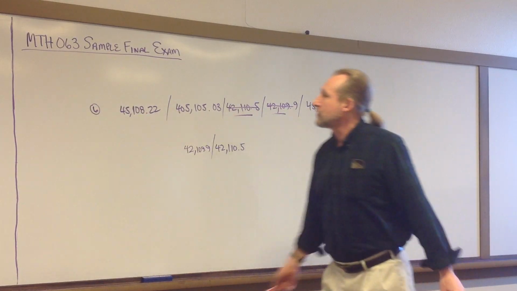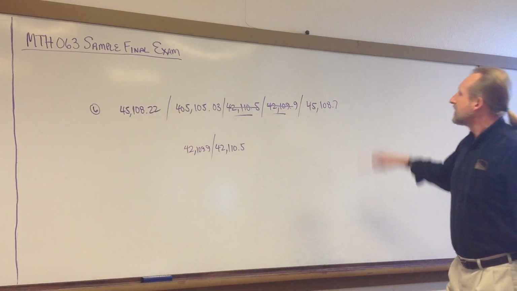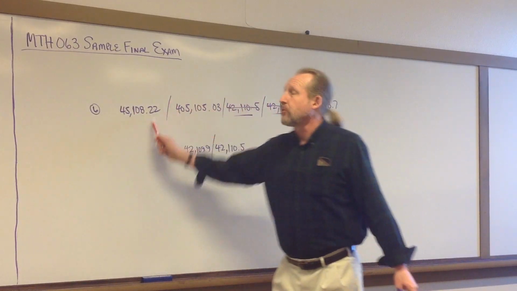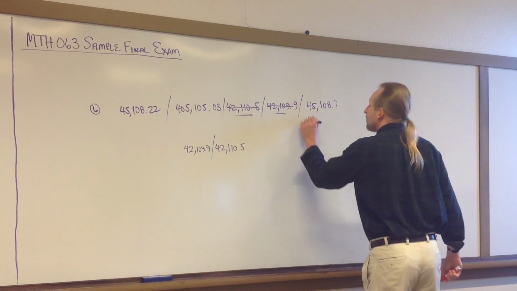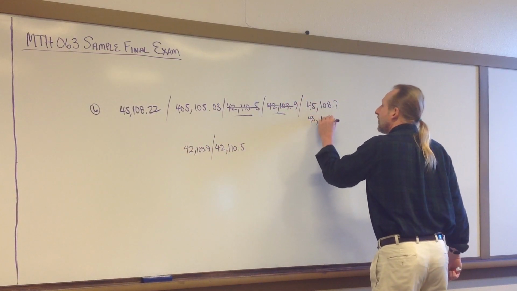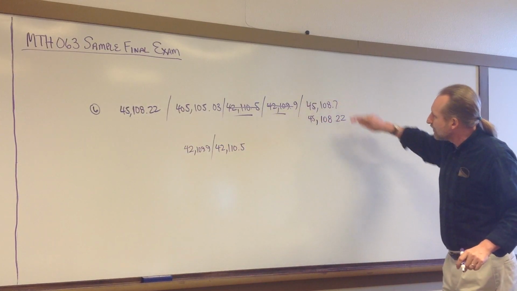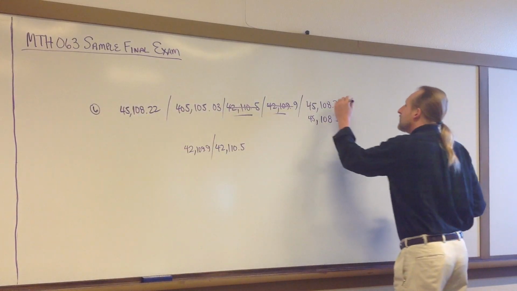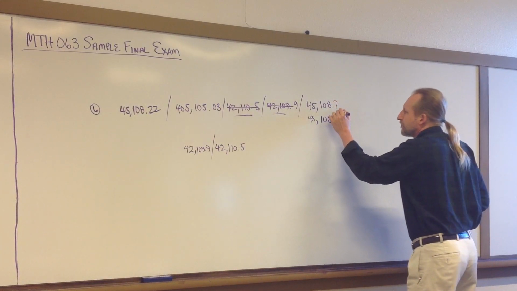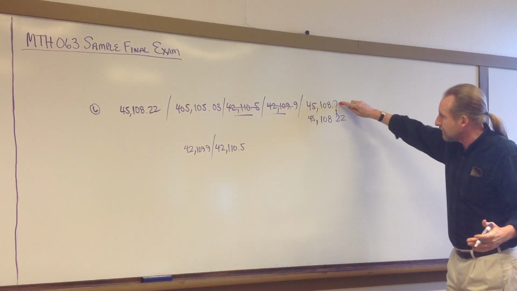Next come these two, which are both 45,108, but this is 0.7 and this is 0.22. And again, it's that same issue that we saw in problem number 5, where it looks like maybe this one's bigger and this one's smaller. If you just compare 7 and 22, it looks like that. But remember, if you look at the place values, for one thing, the 7 is bigger than the 2. So this is the bigger one.